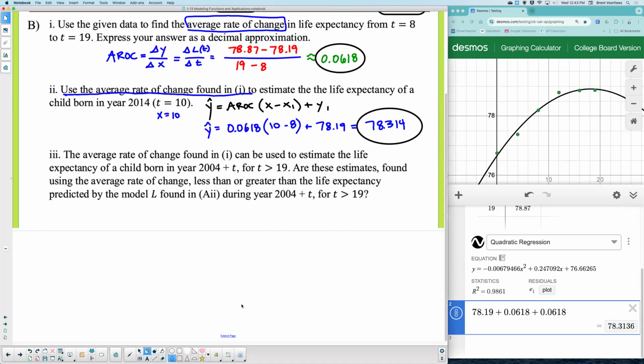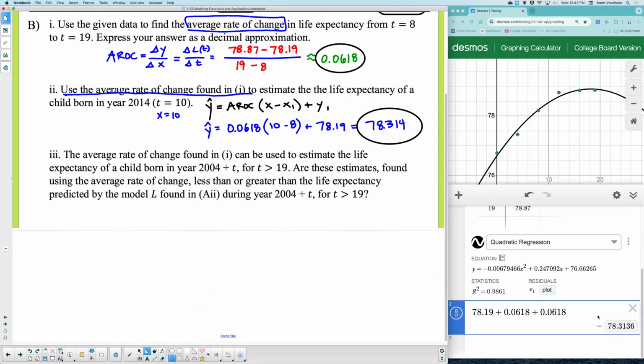Last part. The average rate of change found in I can be used to estimate the life expectancy for children born in year 2004 plus T, while T is greater than 19. It says here, are these estimates found using the average rate of change less than or greater than the life expectancy for the model in AII during the year 2004 plus T when T is greater than 19? Help me out. Is T an X or a Y?